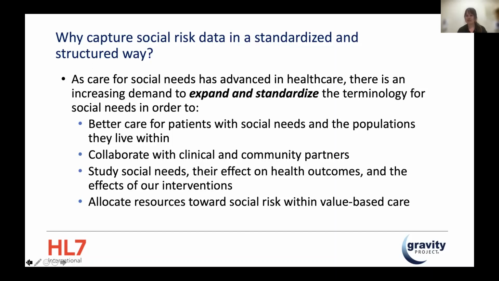And in the U.S. perspective, our U.S. frame is to allocate resources toward social risk within value-based care. The U.S. healthcare model is largely fee-for-service. So as we try to change this, addressing and documenting patient social risk is critically important to ensure that we're having the right resources flow to the patients that need them.